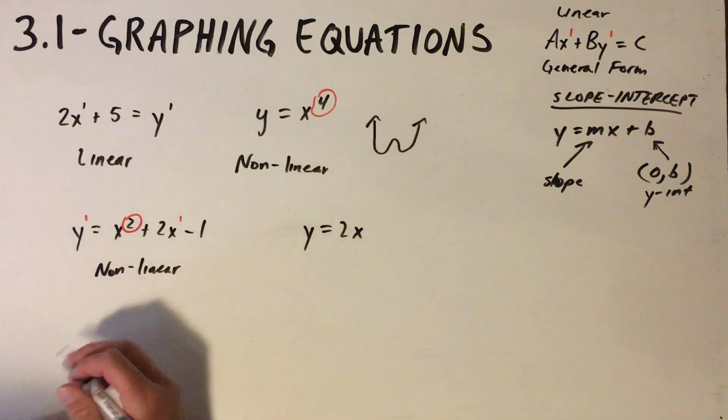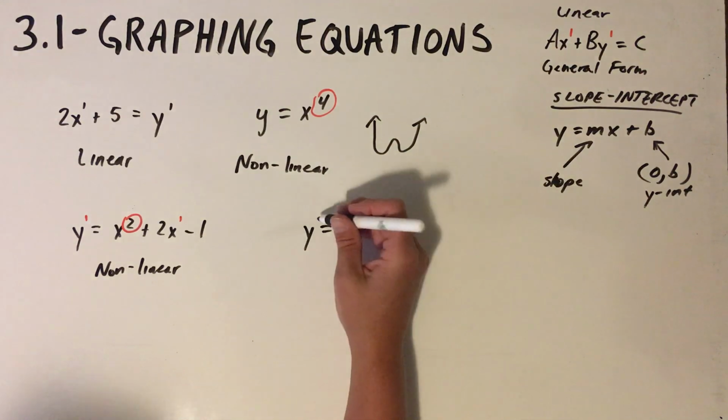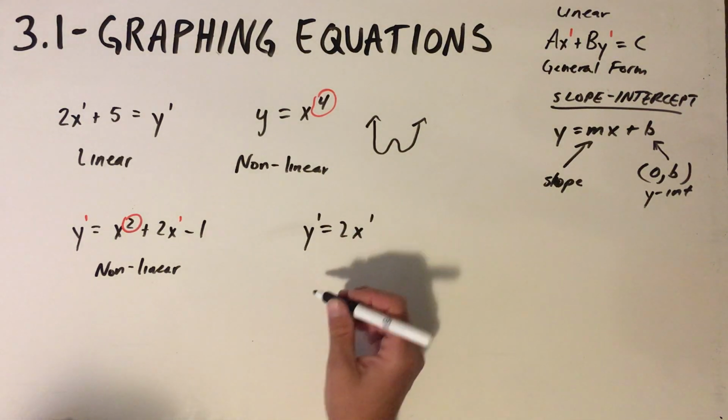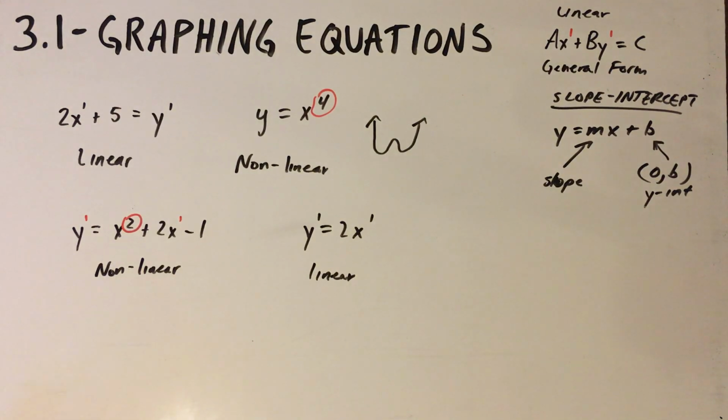It will not make a line, it'll have a curve in it. And this here is also to the power of 1 and 1, and so this is linear. So that's how you can tell the difference between linear and nonlinear.